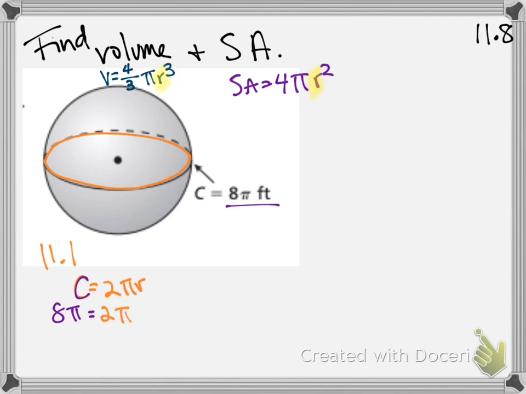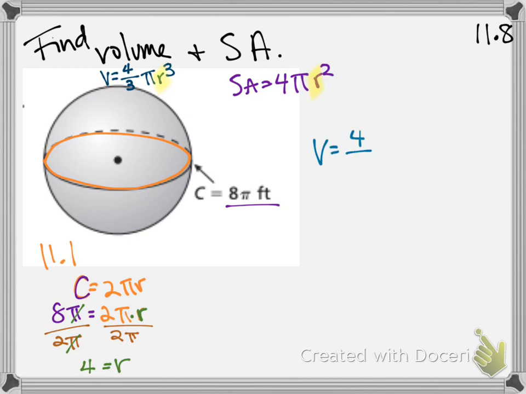It equals 2 times pi times the radius. So 2 pi is multiplying times r. So the opposite of multiplying by r is dividing. So we're going to divide 2 pi on both sides. The pi's will cancel out. 8 divided by 2 is 4. So because we know this, we can find the volume.